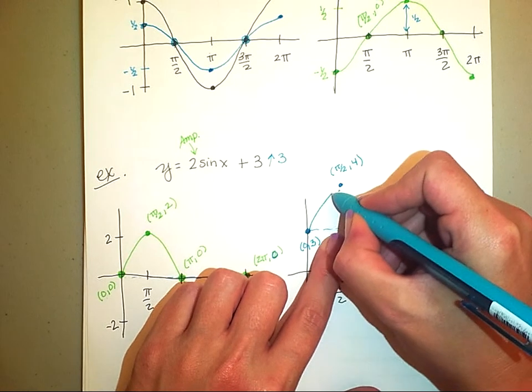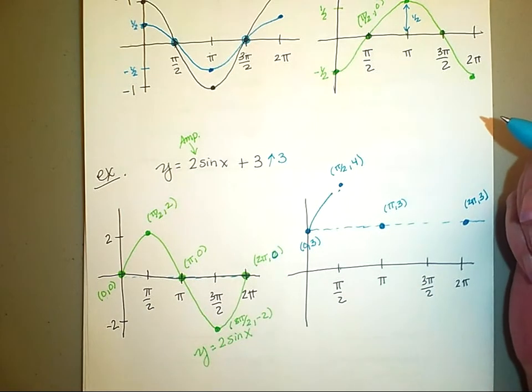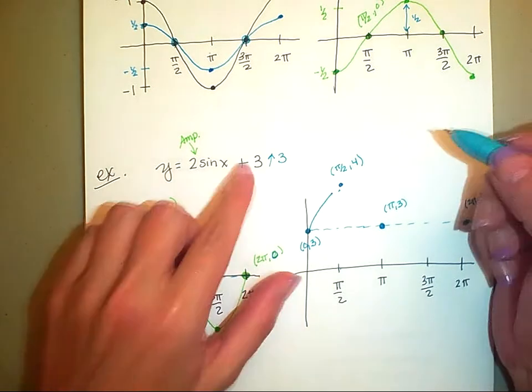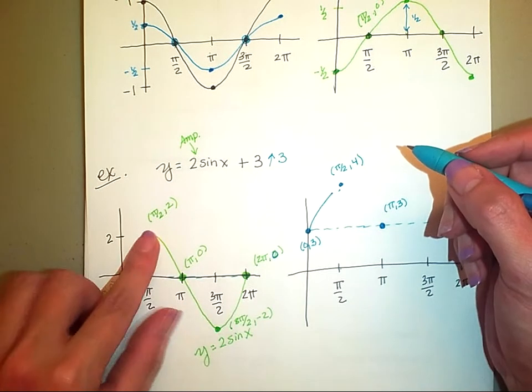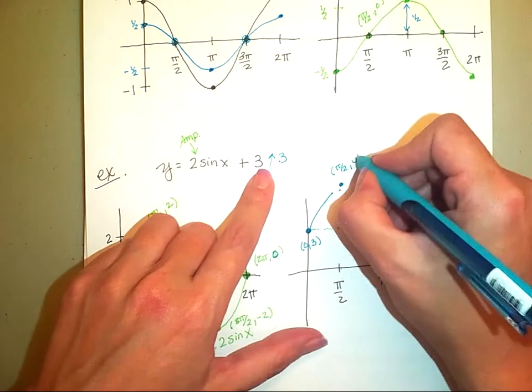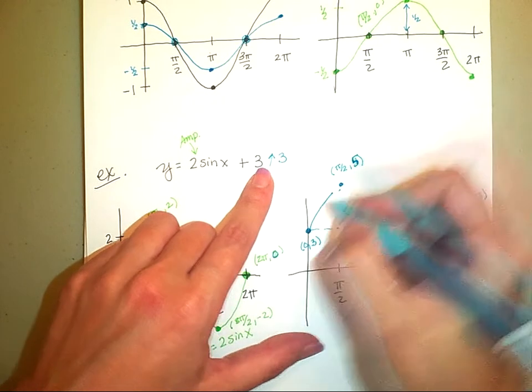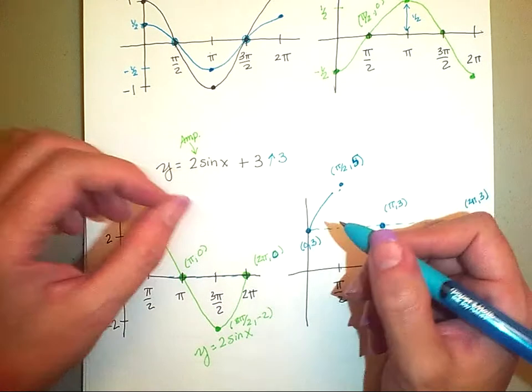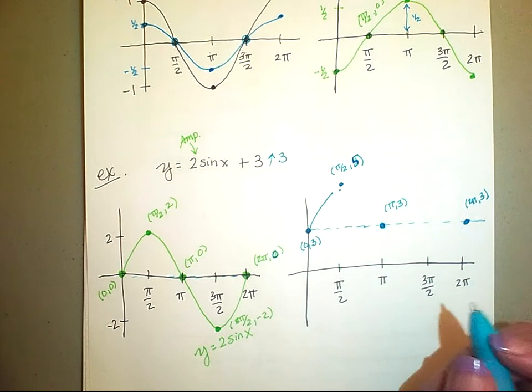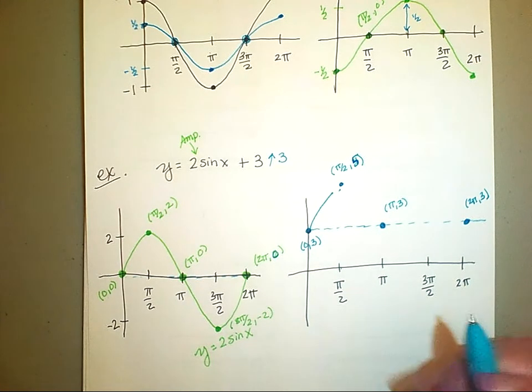I need to go up 3 units. So I was at 2, and 2 plus 3 is 5. Oh my goodness.